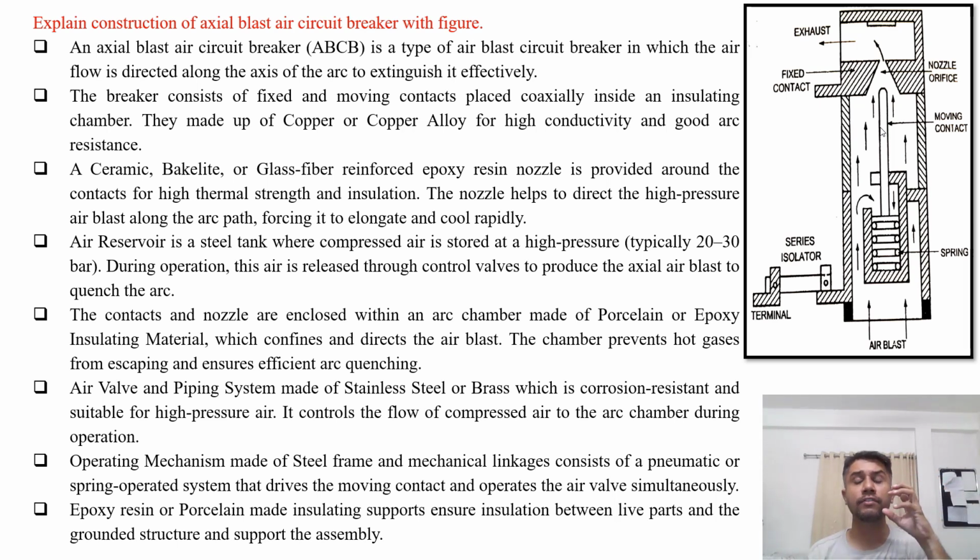Contacts are made of copper or copper alloy for high conductivity and good arc resistance. A ceramic, metal, or a glass fiber reinforced epoxy resin nozzle is provided around the contacts for high thermal strength and insulation purposes.